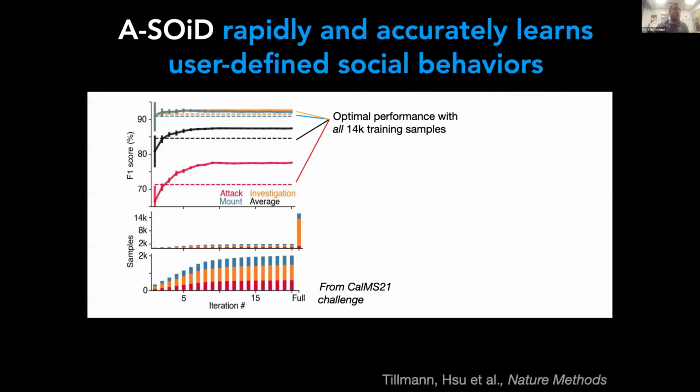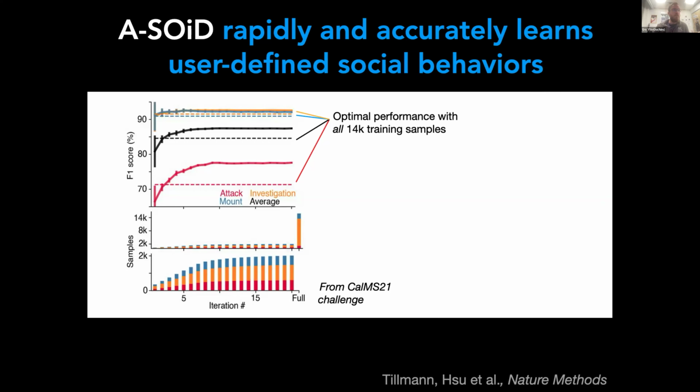And we've more recently moved into supervised algorithms, particularly because they're really necessary for social behaviors or behaviors that are nuanced. Earlier this year, we came out with not B-SOiD, but A-SOiD, which is an adaptive, active learning mechanism that works with only a fraction of a training data set, which is really the difficult part about supervised learning: the large amount of data that a user must label.